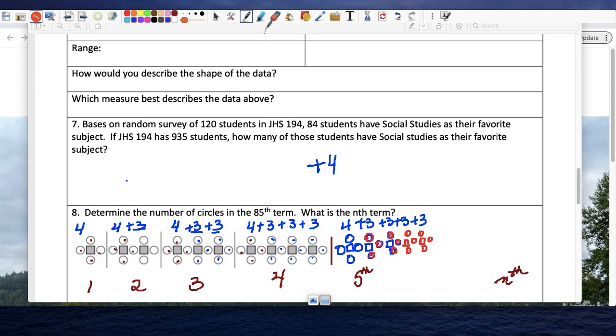If we talk about the nth term, 1, 2, 3, 4. Here's the square. So we know it's going to be a 4 plus, and how does this number, the 6th, the 7th, the 8th, relate to the number of groups of 3, which is the way I did it, right?